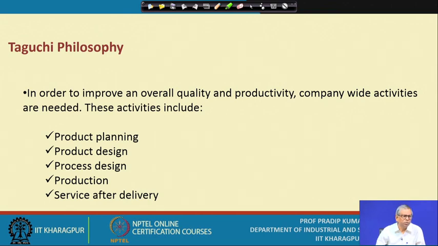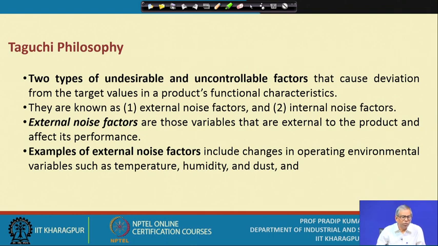This is the responsibility of the company, and the main activities are product planning, product design, process design, production, and the last one, service after delivery. These are very important, and when you look at all these activities, you will find that essentially we are trying to give importance to all the dimensions of quality.